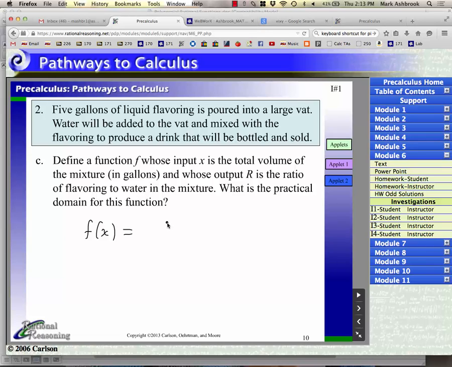x over x minus 5. Or 5 over x minus 5. Okay, so is this the ratio of flavoring to water? You want to flip it now? Let's do one thing at a time. So how much flavoring is in the vat?